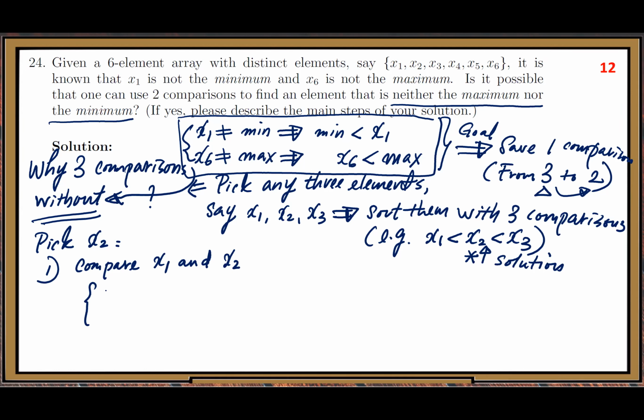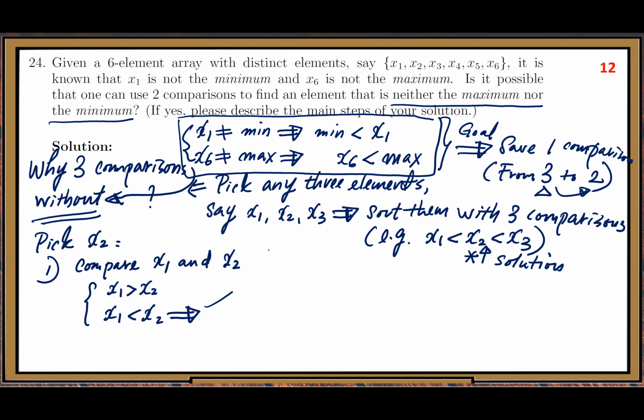Case 1, x1 greater than x2. Case 2, x1 less than x2. Which one is easier? You always work on the case that is easier. So this one is easier. Why?